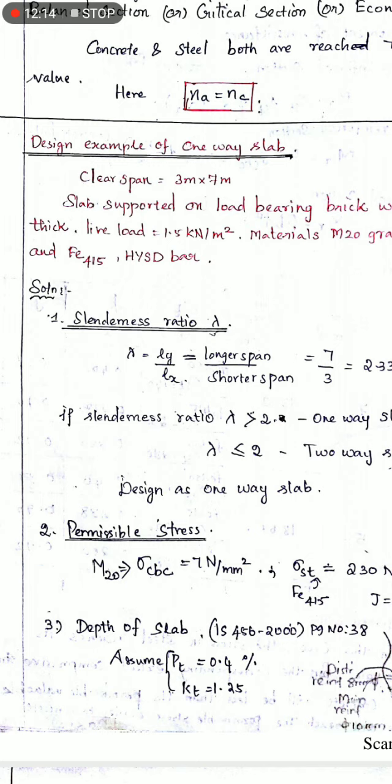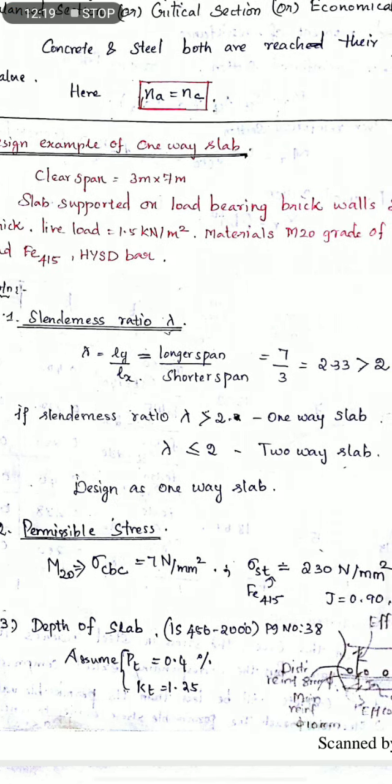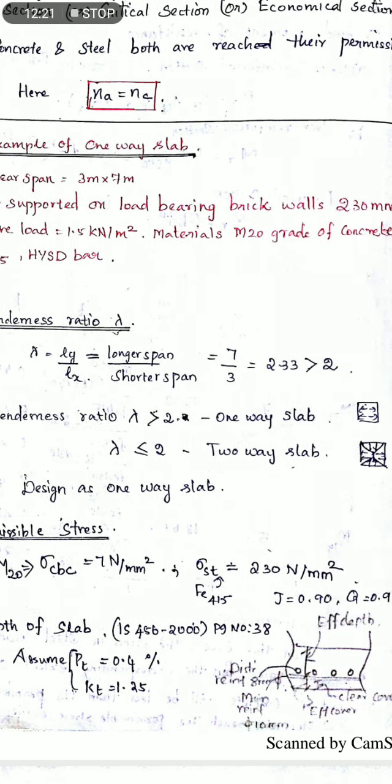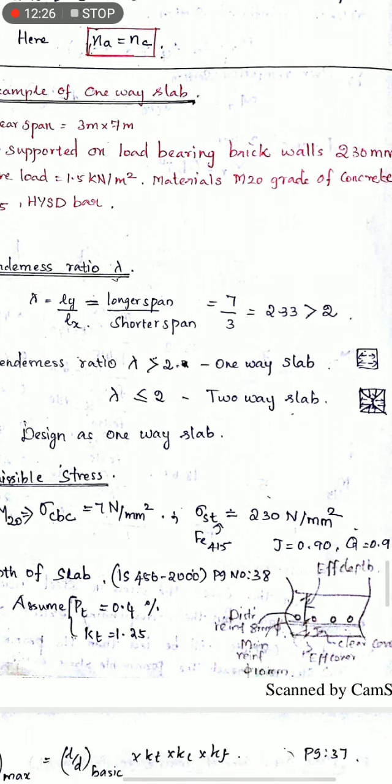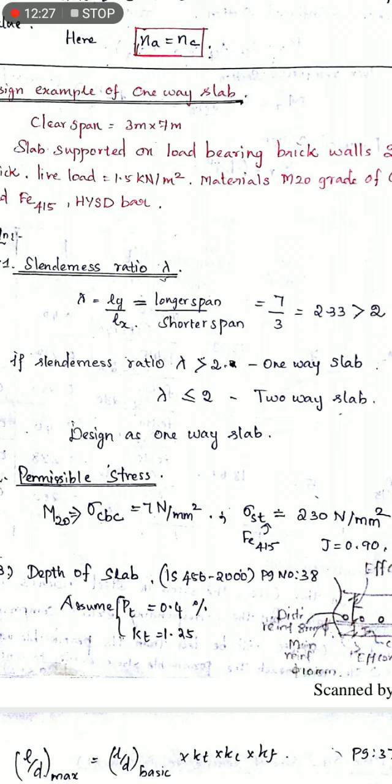Okay, so the first step is slenderness ratio, Ly by Lx, longer span to the shorter span, 7 by 3, 2.33, which is greater than 2. So please keep it in mind. If slenderness ratio is greater than 2, then you will go for one-way slab.